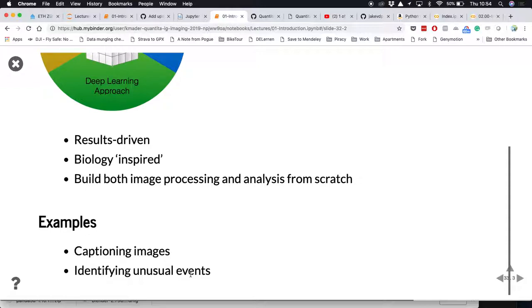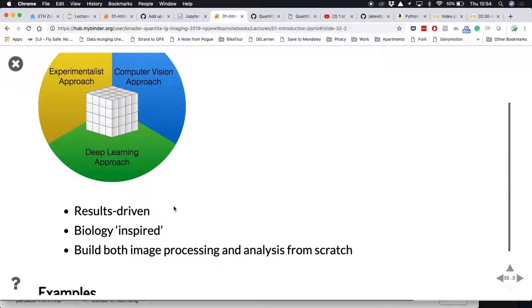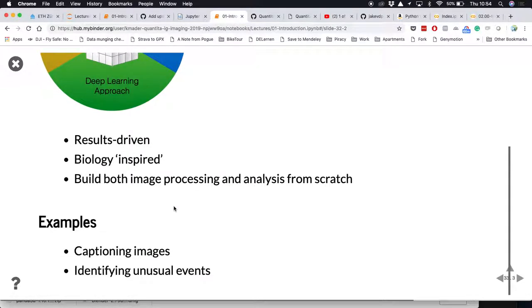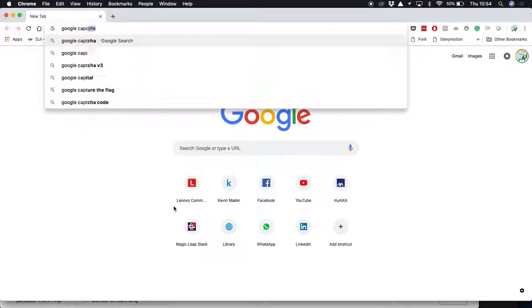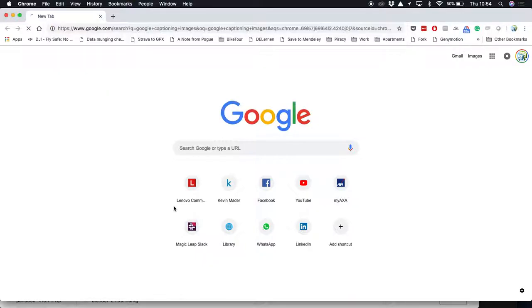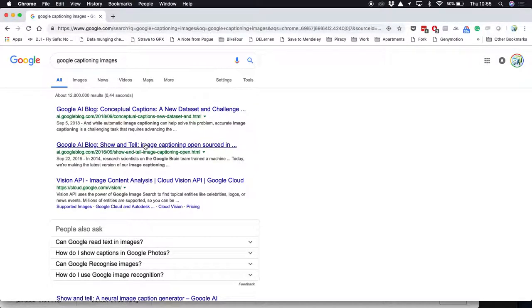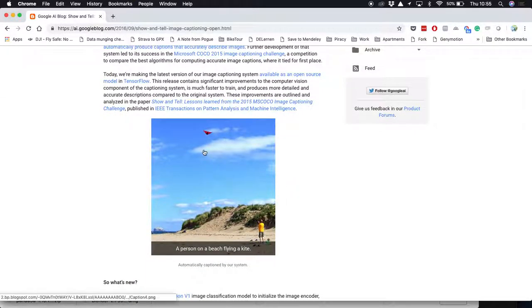These are the sort of tasks where the model-based approach and the computer vision-based approach would clearly fail. If you look at something like captioning images, I guess most of you have seen those demos before with Google? I think it's Show and Tell, where it's able to take this image and respond: a person on a beach flying a kite.